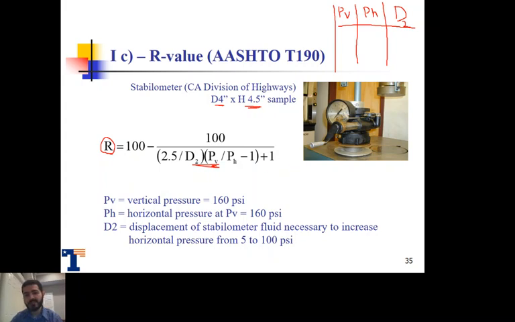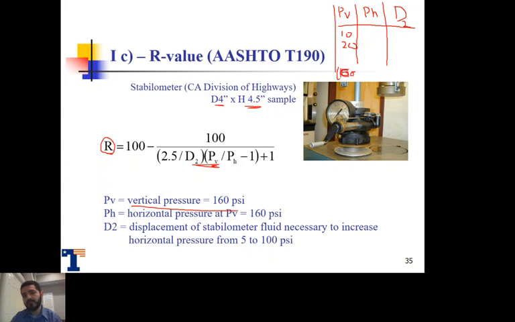So PV is easy. PV is the vertical pressure. Typically the tests start from a low vertical pressure until we reach a vertical pressure of 160. Let's say here we start with 10, 20, and we reach all the way to 160.